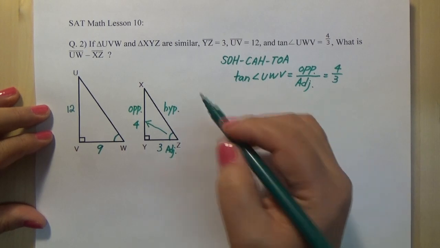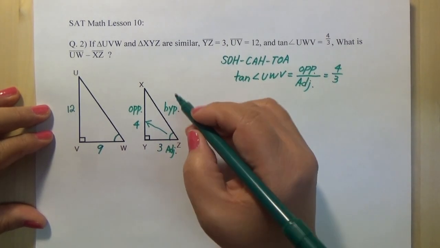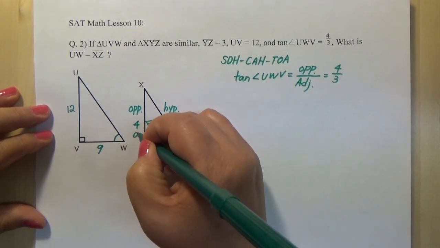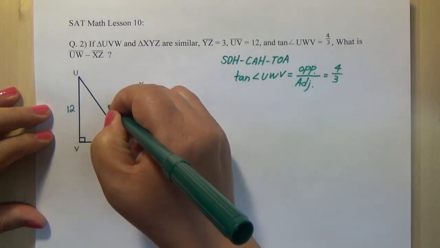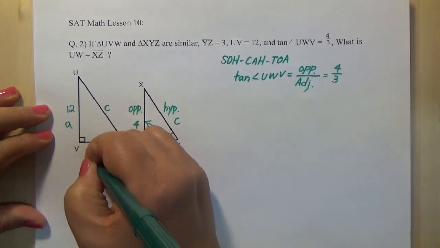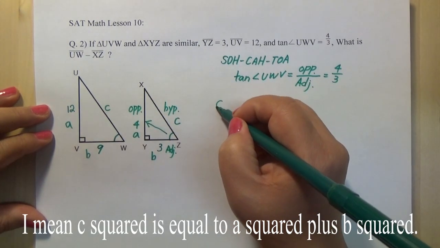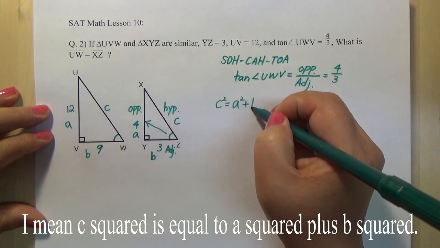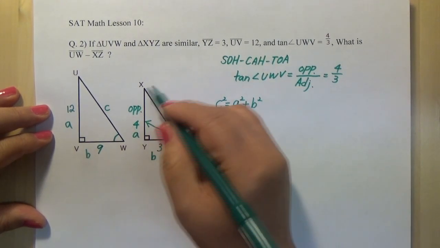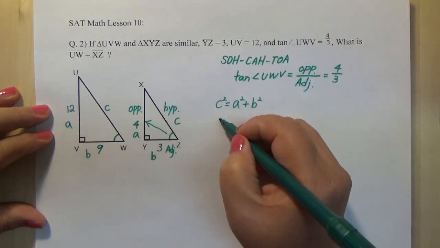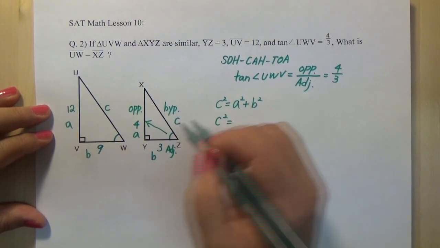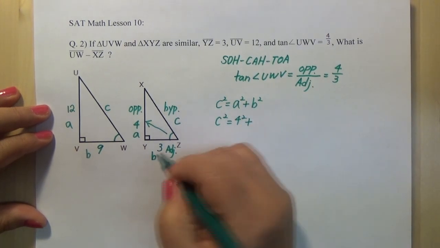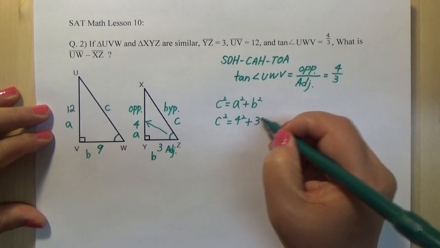So now we have to use Pythagorean theorem again. And this is C, this is A, and this is B. C squared is equal to A squared plus B squared. So about this triangle, C squared is equal to A is 4, 4 squared, plus B is 3, 3 squared.